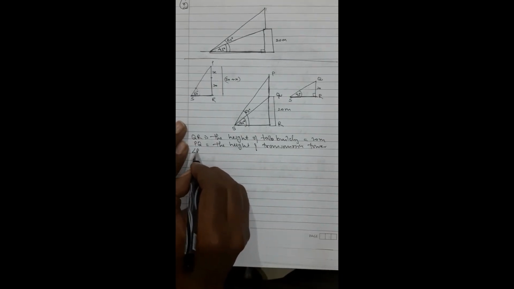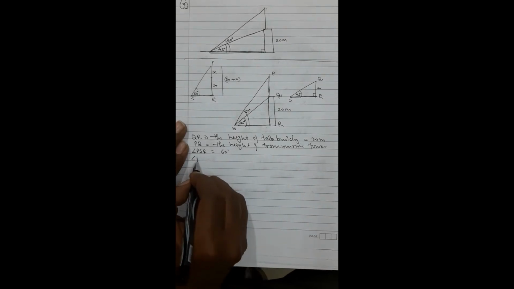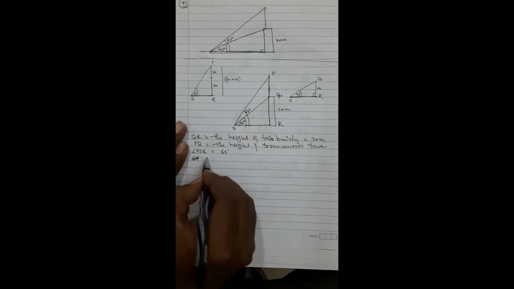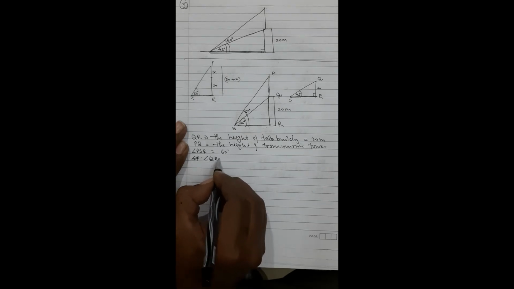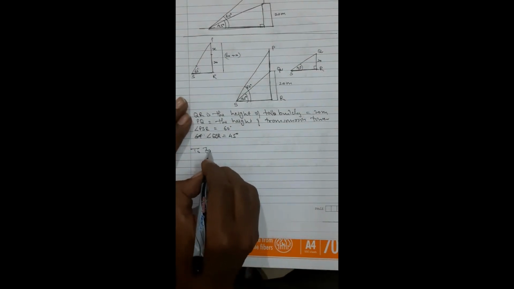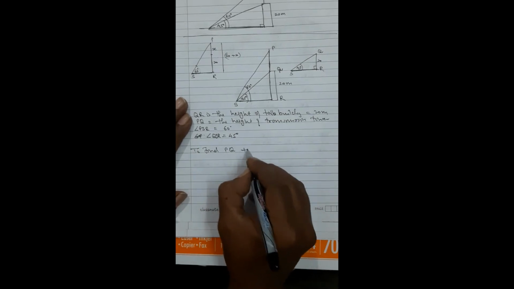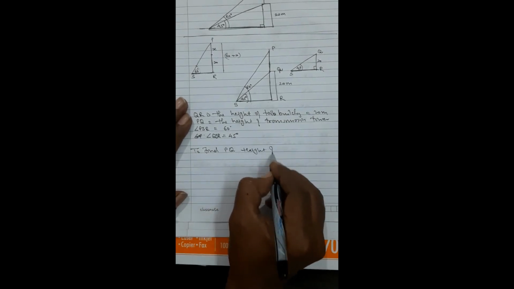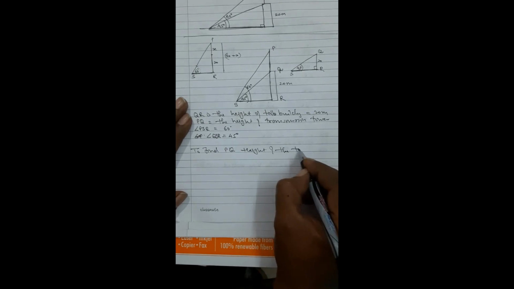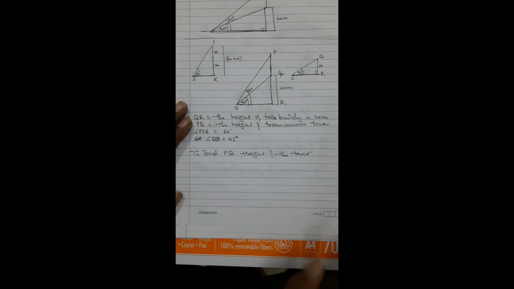Angle PSR is equal to 60 degrees, angle QSR is equal to 45 degrees. To find PQ, the height of the tower.